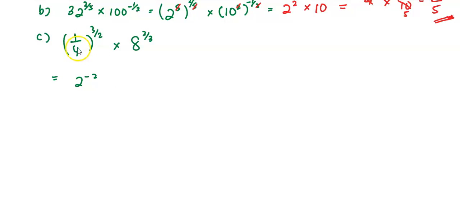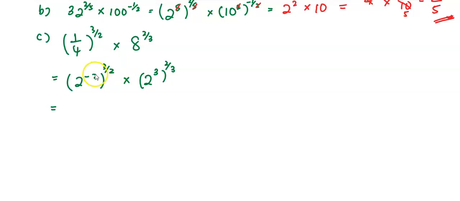Because 1 over 4, the 4 can be converted into 2 power of 2, and because it is a denominator, when I convert it into index form, the power needs to be negative so that it is equivalent to 1 over 4. And this is power of 3 over 2, multiplied by 8, which also can be simplified into 2 power of 3, and this is power of 2 over 3.